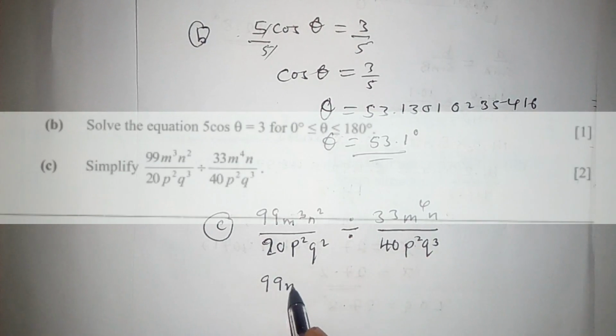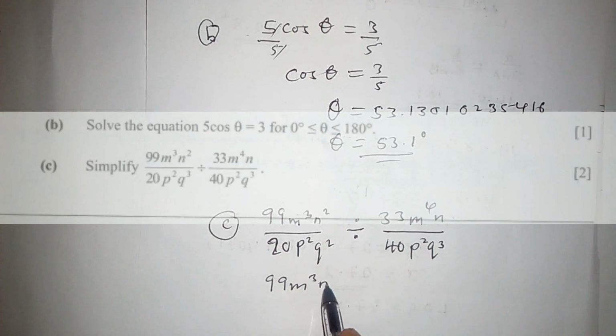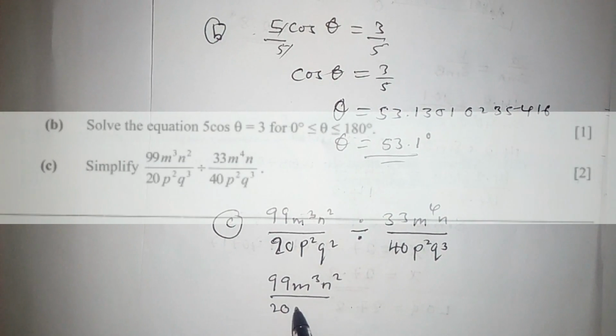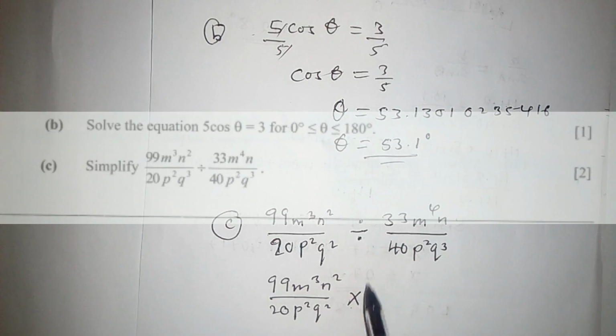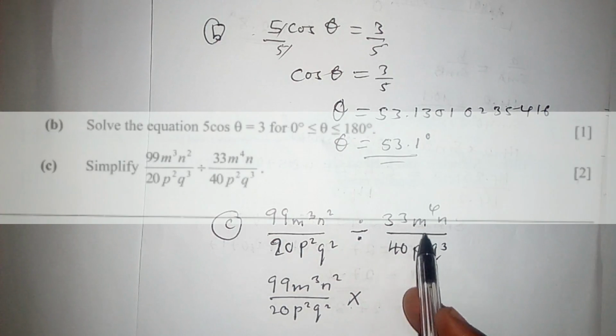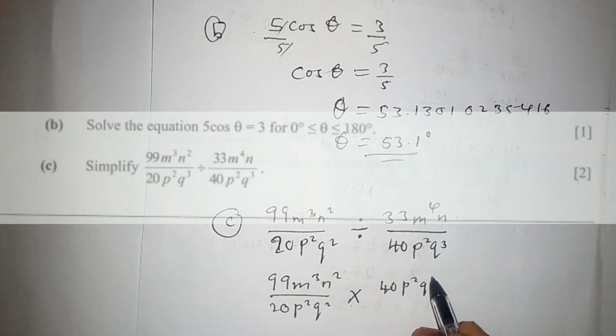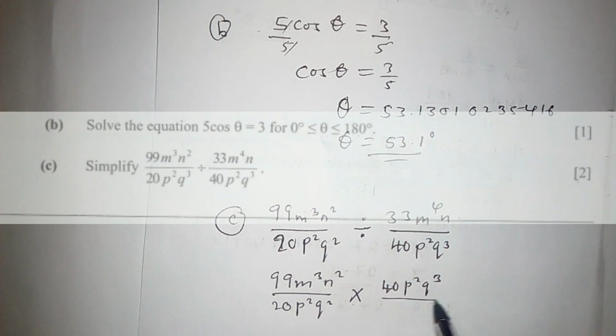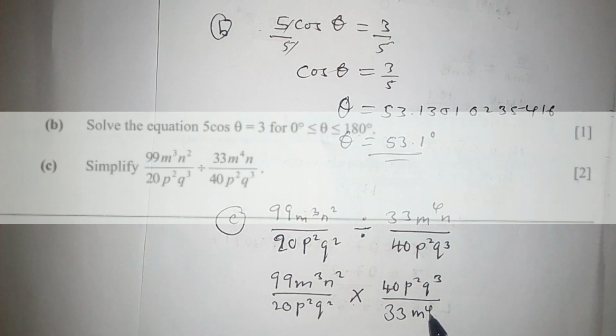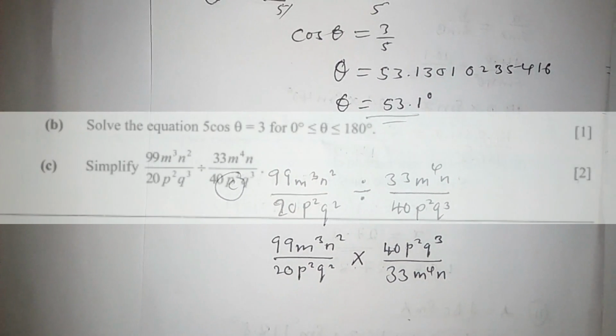So you copy whatever stuff is here, and then this will change to multiplication, you know, when we're dividing fractions, and the denominator will become the numerator. So it will be 40p squared cubed over 33m power 4n. So this is how it has changed.